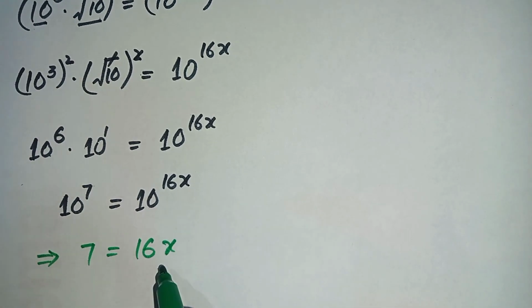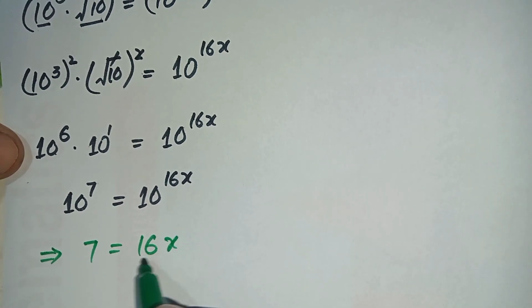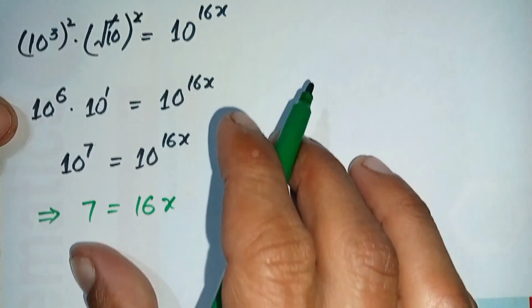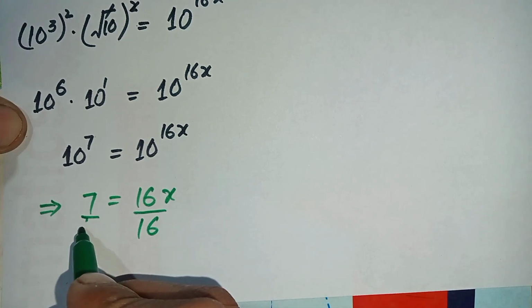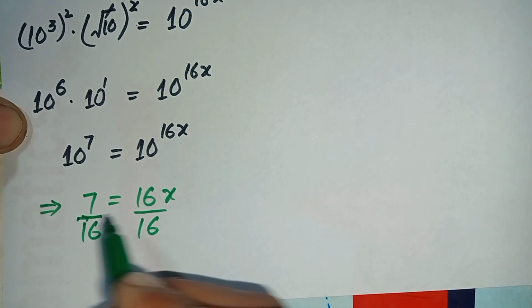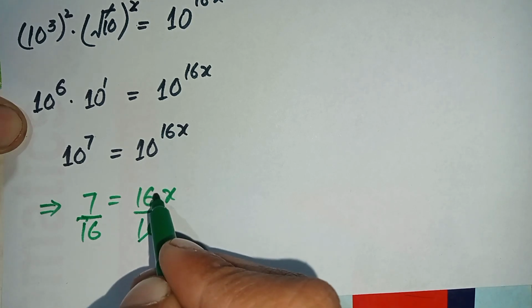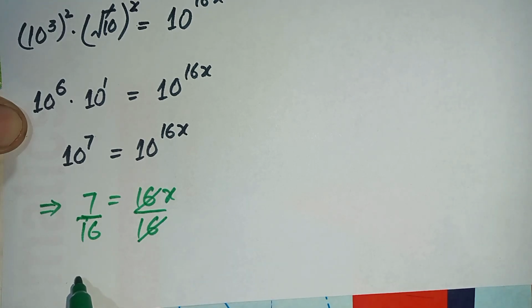16x. Now since we need to find the value of x, so we will try to eliminate this 16 from here. So to eliminate this 16, we will divide both sides by 16. So let us divide both sides by 16. So here in this right hand side, this 16 and this 16 will be cancelled with each other, so only x will be left here.